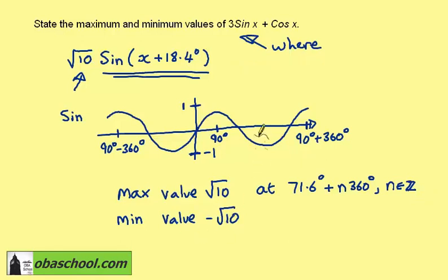Now let's consider the minimum values. The first of these happens at 270 degrees. Others then occur at 360 degree intervals. So we need this first angle to be equal to 270 degrees.